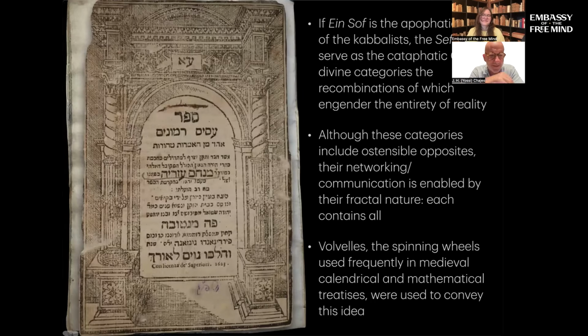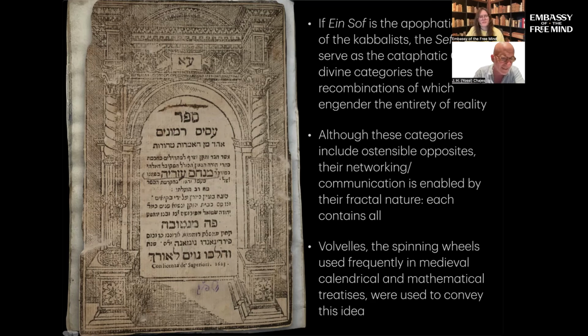The work that you've just seen in manuscript with the volvels was also printed. The printers typically did not bother to manually attach volvels, but they did create engravings that give you this exact image that we saw on the manuscript page a moment ago. And this edition of the very same work is in the Amsterdam collection as well, of the Embassy of the Free Mind, in its 1623 printed edition, printed in Mantova.